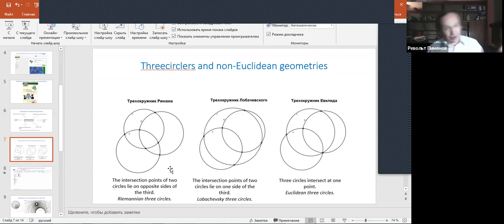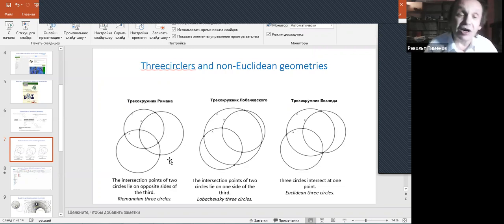All circles go passing through two points of intersection. We can name them lines of geometry. And if these circles have intersection in two points, we can name the pair of points of intersection a point of geometry, of absolute geometry.